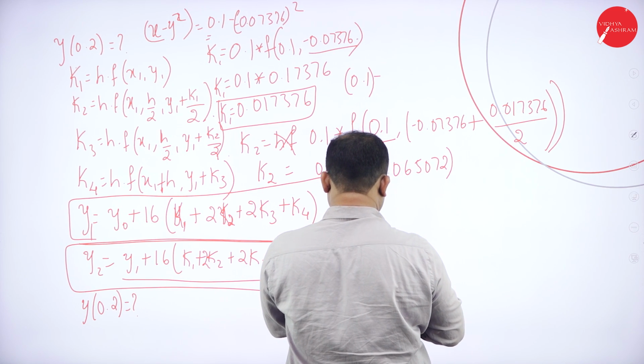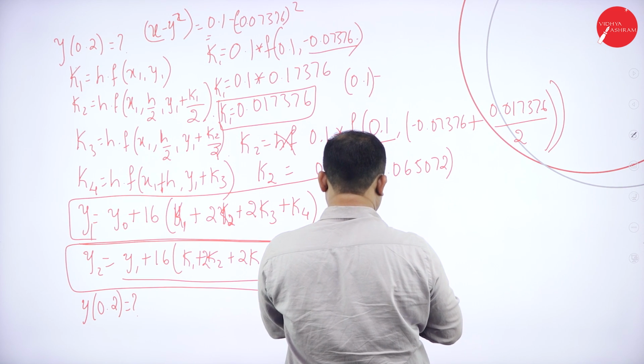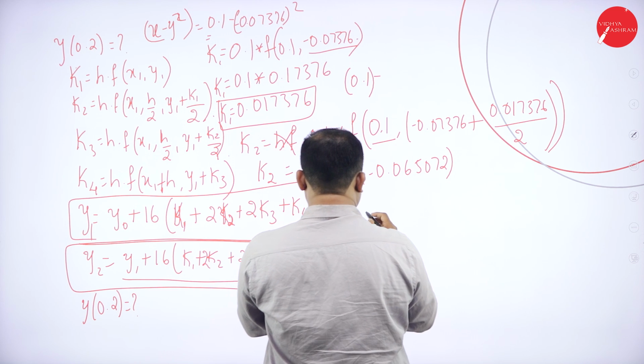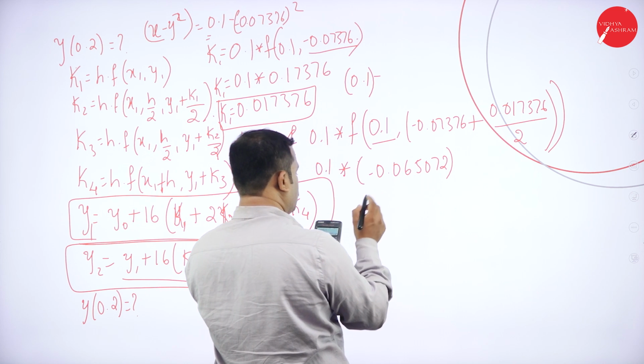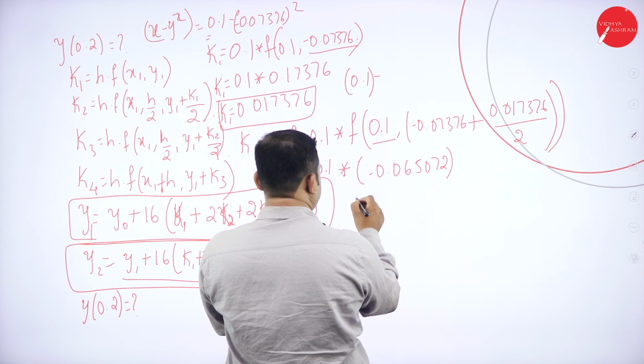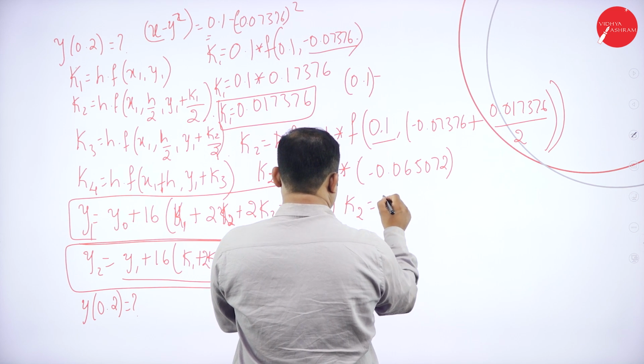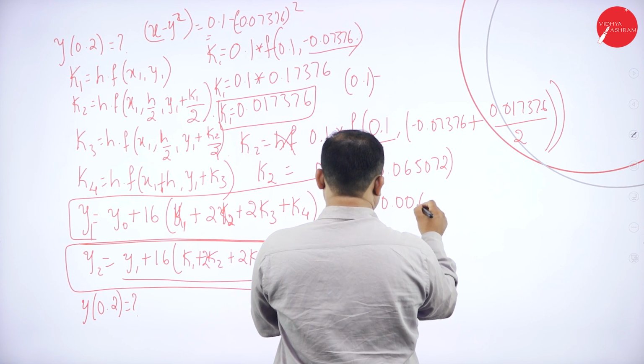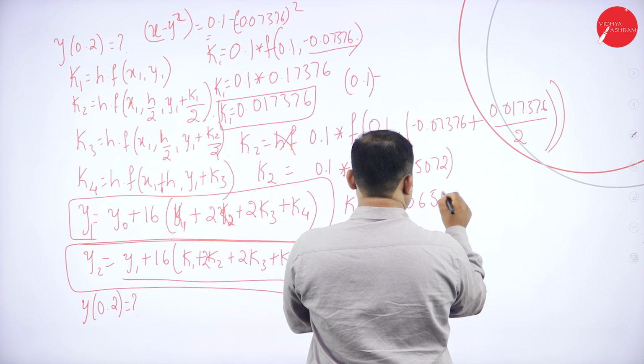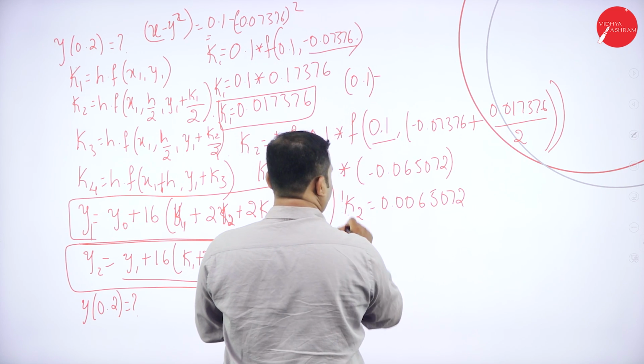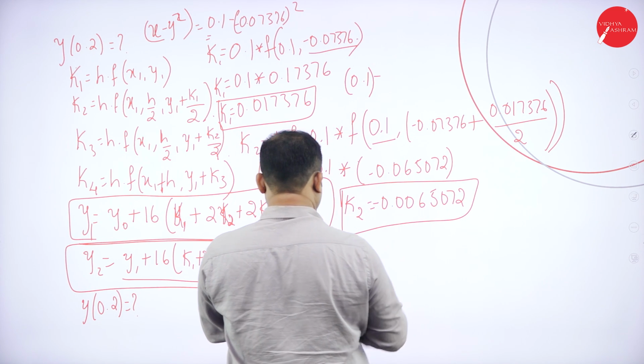This has to be multiplied by 0.1. What is the value of k2 then? That is 6.5 into 10 to the power of minus 3. Minus 3 means what? k2 is equal to 0.0065072. This is the value of k2, with a minus sign.